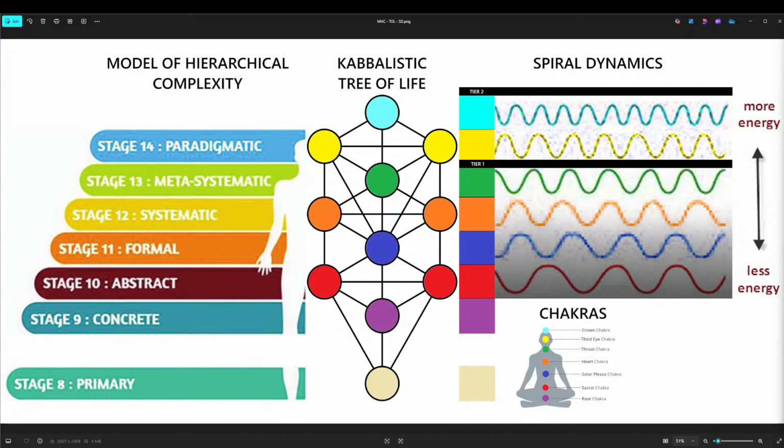Most of the people in tier 1 aren't really familiar with much of that stuff. They might have some cursory pop psychology knowledge, just very surface level philosophical and psychological and metaphysical kind of knowledge.